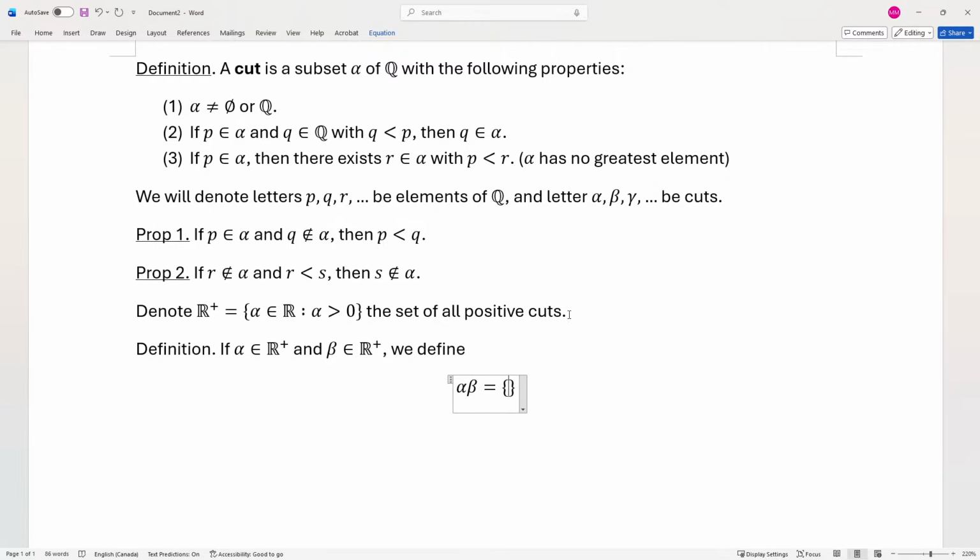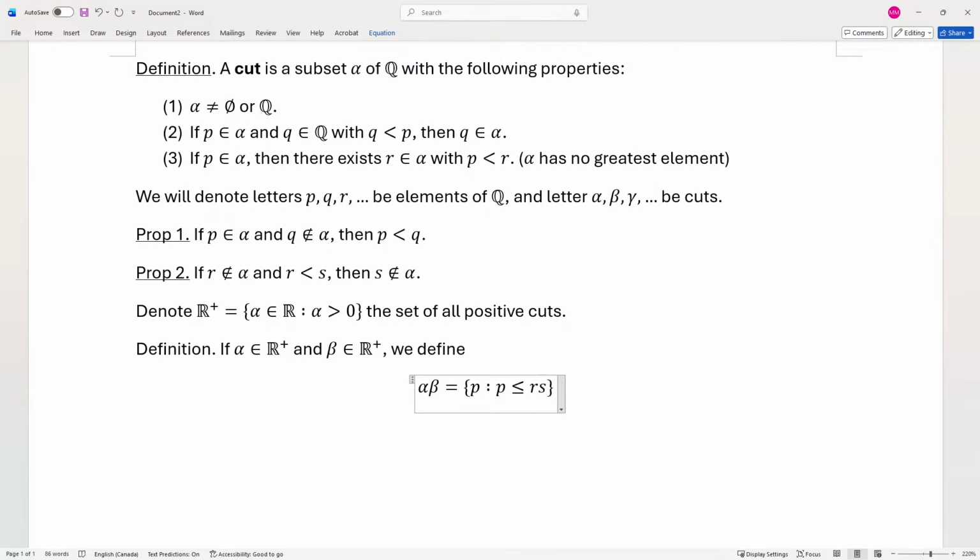This is the set of all rational numbers p such that p is less than or equal to r times s, where r comes from alpha and s comes from beta, and r and s are both positive.